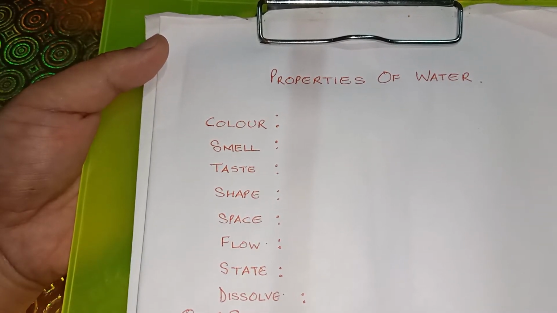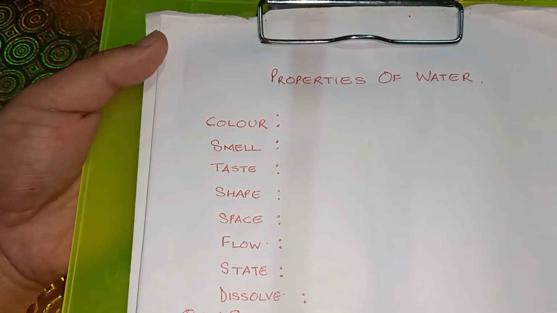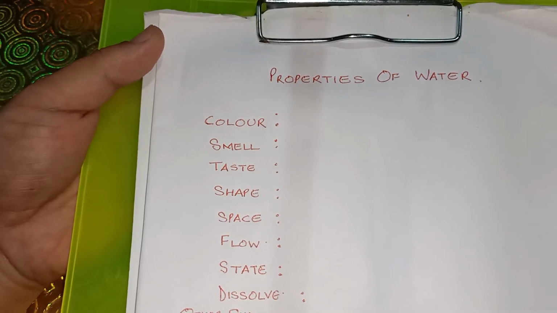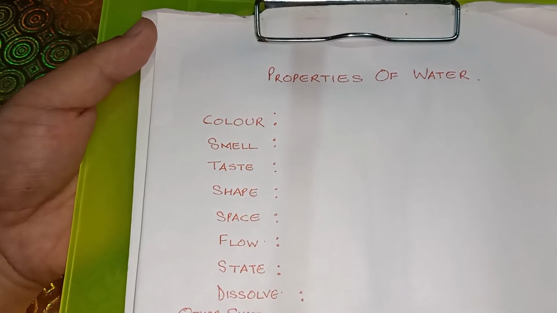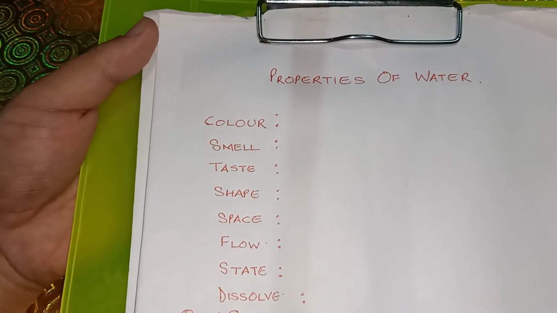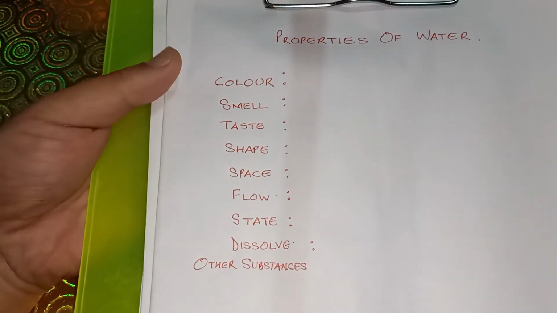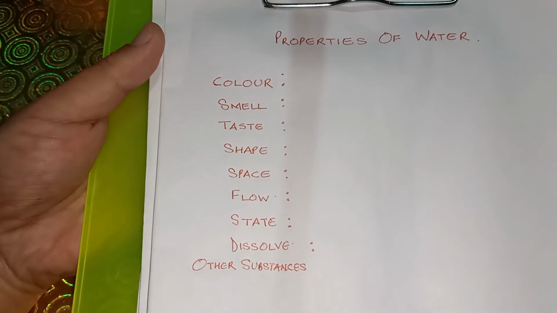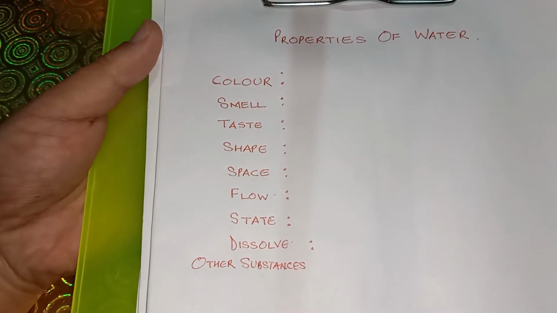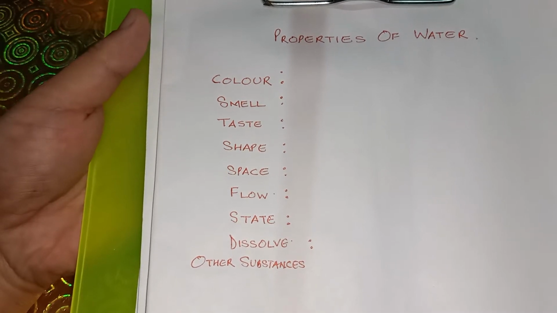We'll also try to understand whether water has any shape or not, whether it occupies any space, whether water flows. If it flows, then from which place does it flow? And we'll also try to understand the state of water as well as whether water dissolves any other substances or not.